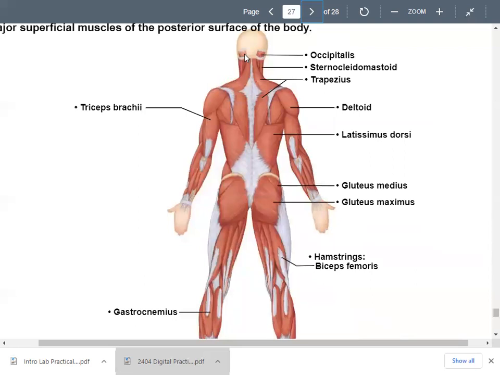Posterior surface, again, you got a view of the back of the head. You have your occipitalis, good view of the trapezius, a little bit of the sternocleidomastoid, shoulder, deltoid, your arm. On the posterior surface, you have the triceps brachii. In the lower back, latissimus dorsi.